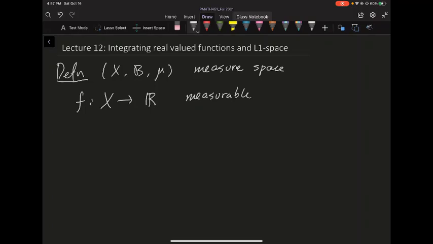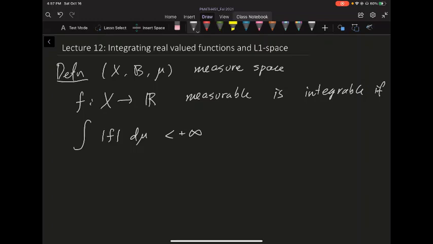All right, so let's call this function integrable if the following happens: if I take the integral of the absolute value of f dμ, then this absolute value is now a non-negative function, so we already saw how to integrate non-negative functions. If this is finite, so less than positive infinity, then we say this function f is integrable, okay? So this is our definition.